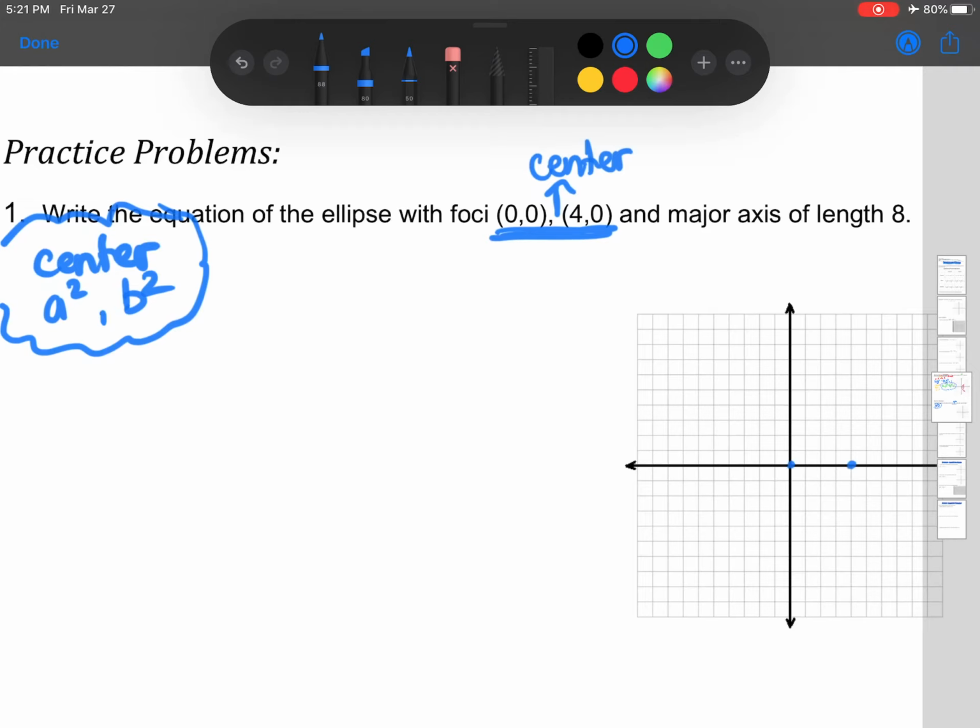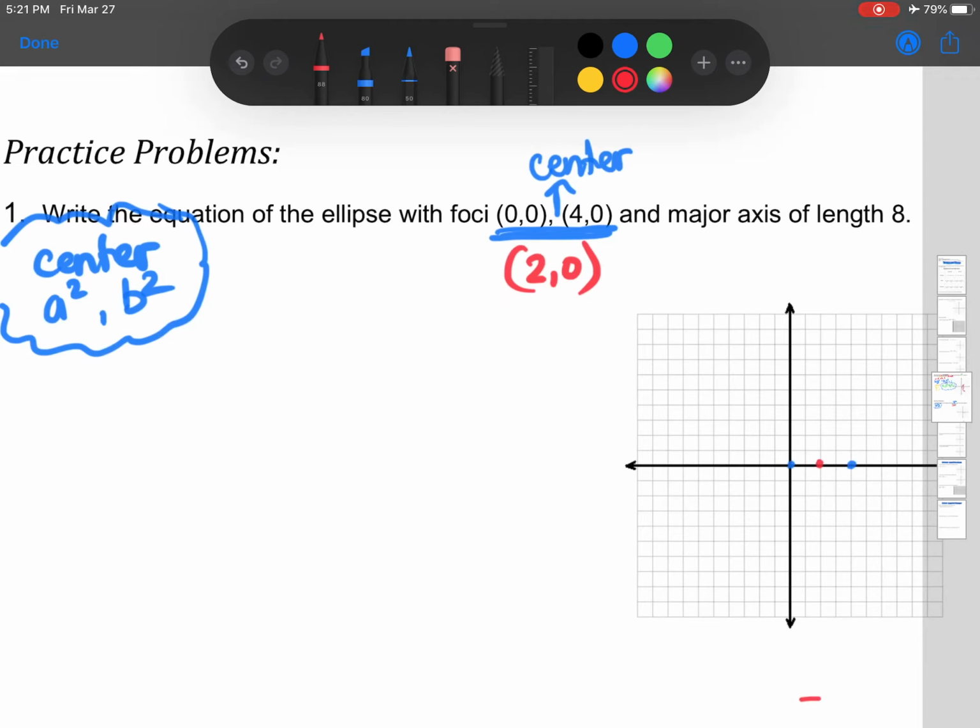Right? What is in between that? Either you can use the midpoint formula, or what is between 0 and 4? 2, right? Or (2, 0). So that is what your center is. So your center is (2, 0). And since it is what?